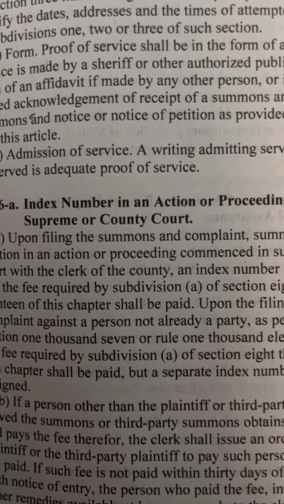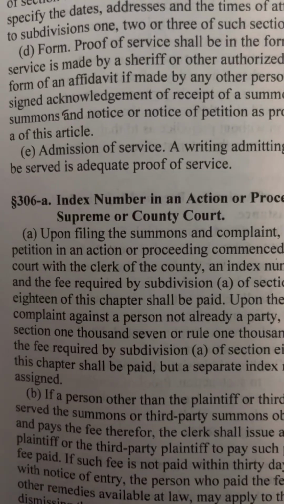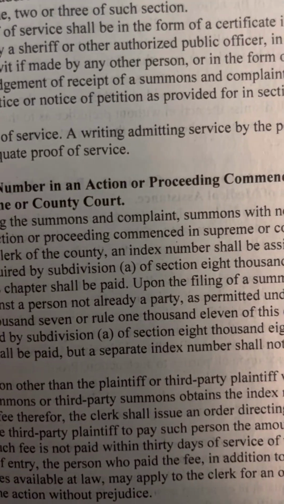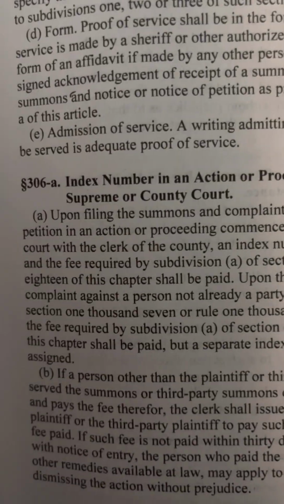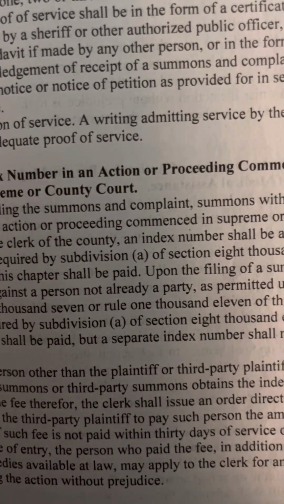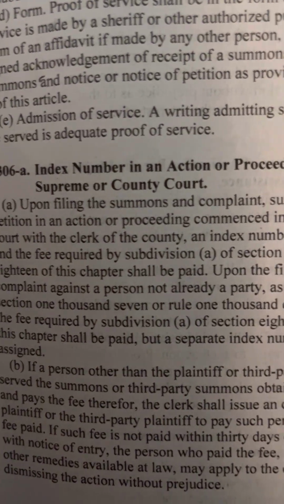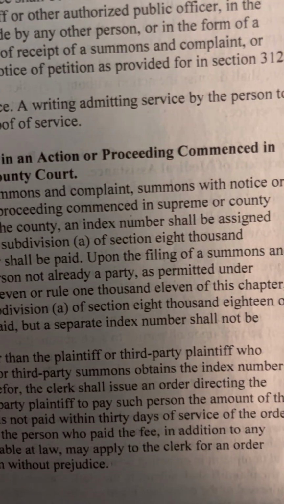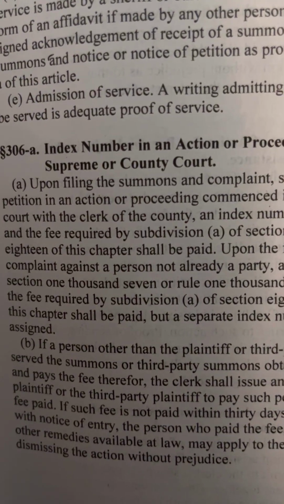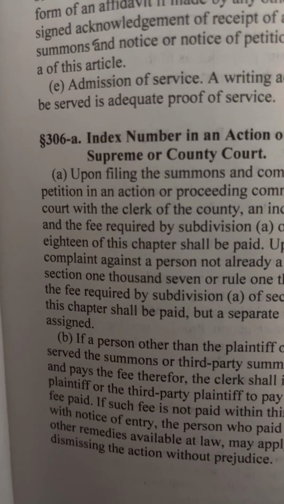D, form. Proof of service shall be in the form of a certificate if the service is made by a sheriff or other authorized public officer, in the form of an affidavit if made by any other person, or in the form of a signed acknowledgement of receipt of a summons and complaint, or summons and notice or notice of petition, as provided for in section 312A of this article.